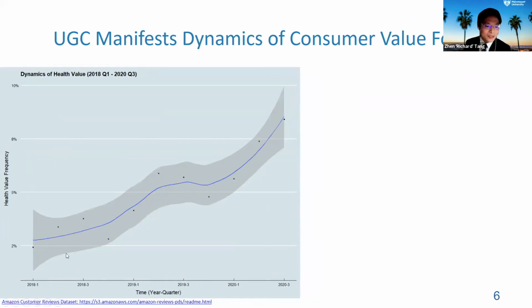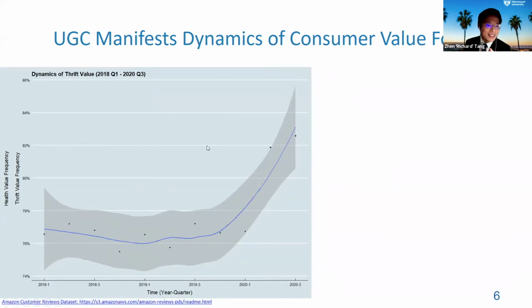As we can tell, from the first quarter of 2018, people got more and more concerned about health in their consumption. Similarly, thrift has been increasing since the third quarter of 2019.